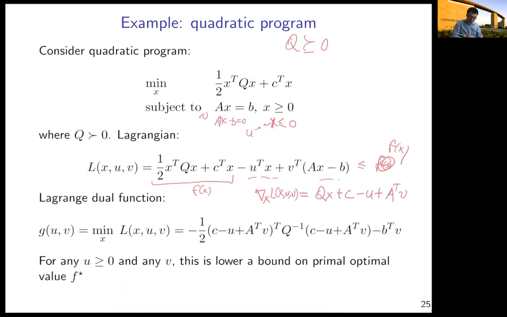So that would be the gradient, and setting the gradient to 0 would give us x equal to Q inverse, if Q is invertible, times minus c plus u minus A transpose v.